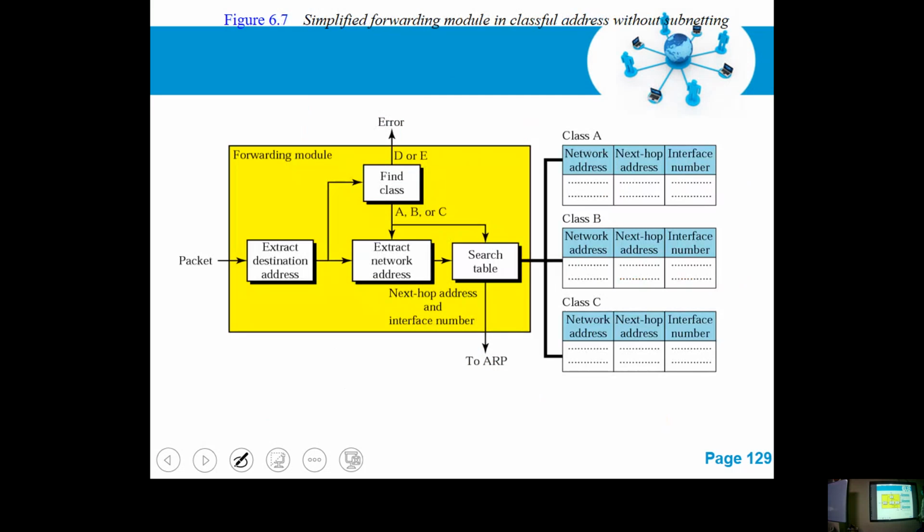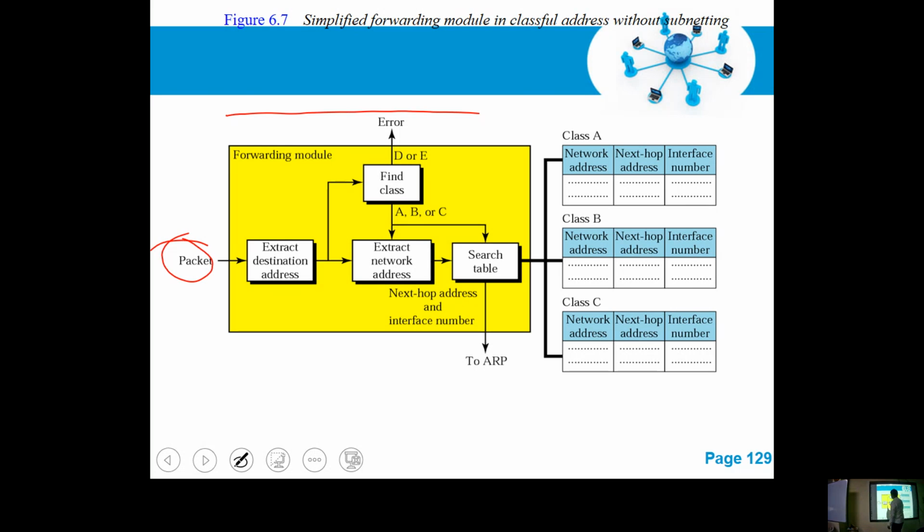Next comes how we are going to forward a particular packet when we consider classful addresses. This is a method for forwarding a particular packet. First, whenever you get a packet, let us consider that your router has received an IP packet.